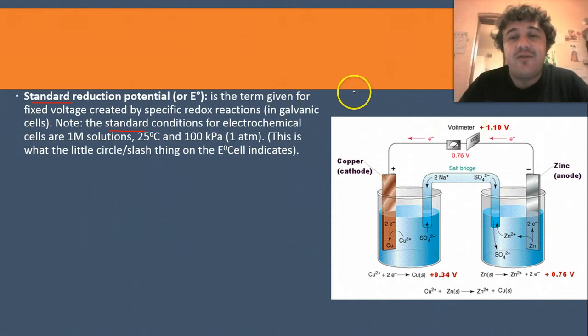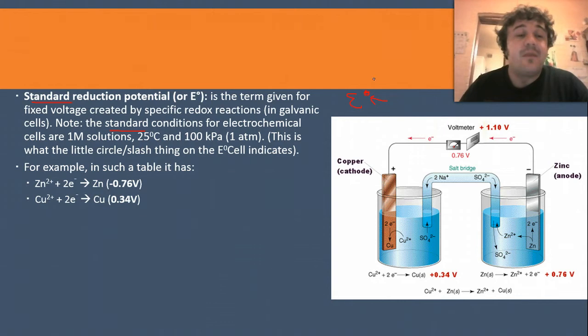Now, so when we have E naught, that actually means standard. That E naught, that part there, the naught, that means standard. Okay, so for example, here we've got zinc, so this is how it will appear in our tables.